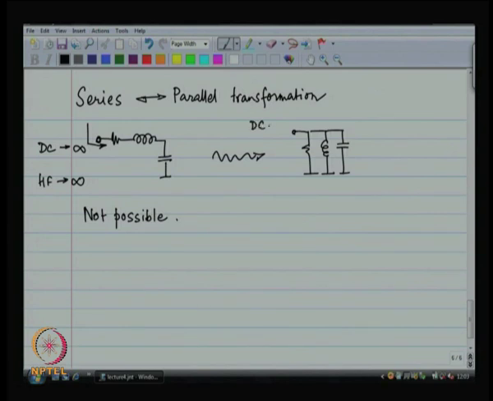At DC, the input impedance is 0 because the inductance is a short circuit. At high frequencies, the input impedance is 0 because the capacitance is a short circuit. At the resonant frequency, the input impedance is R in this case and R in the other case. Okay. So, the only semblance of similarity is at the resonant frequency.